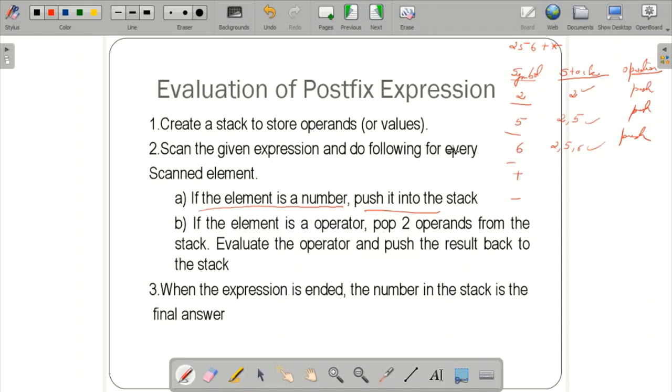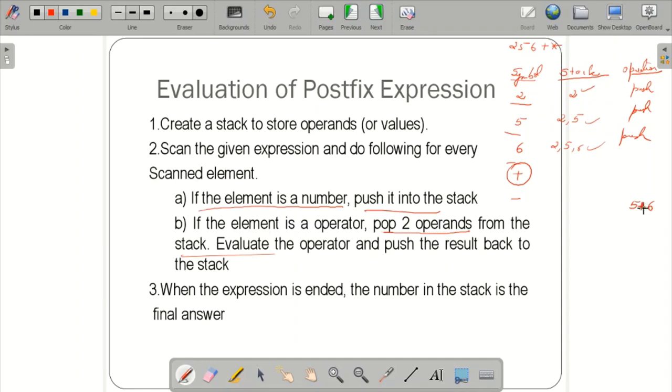If the element is an operator, as my element is now an operator, what you are supposed to do is pop 2 operands from the stack. Which will be popped first? 6 will be popped first, then the next pop, 5. So you pop 2 operands from the stack, place the operator in between them and do the evaluation.